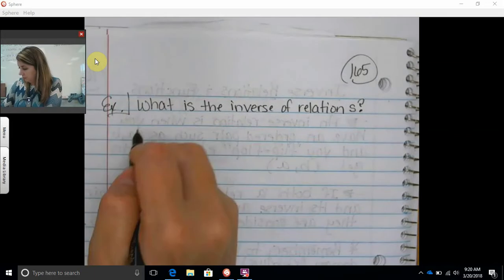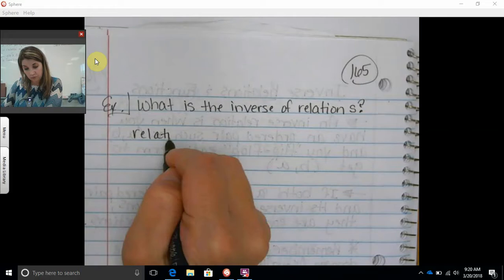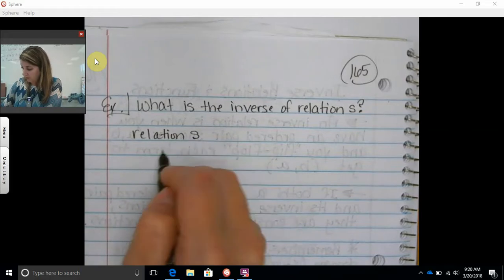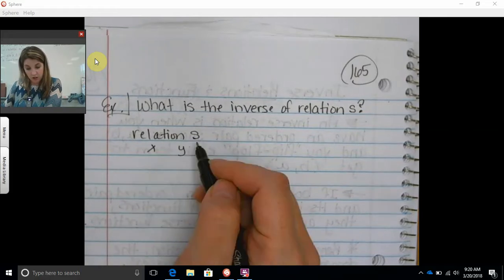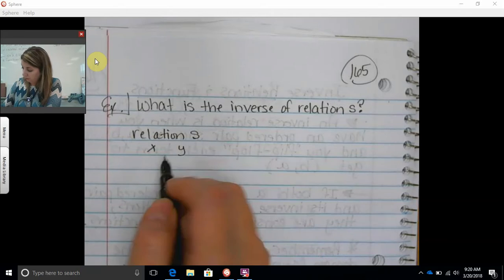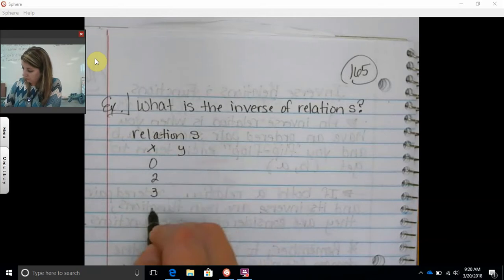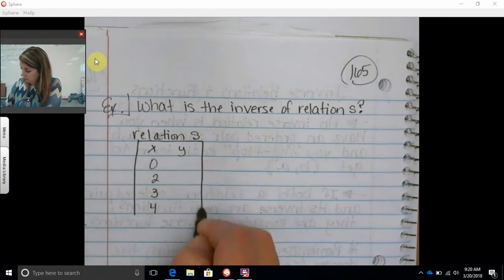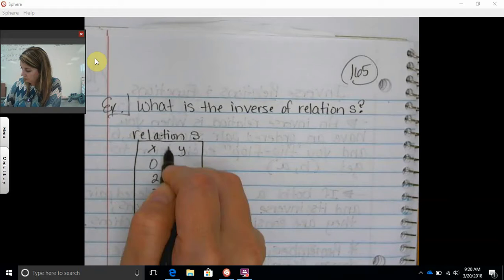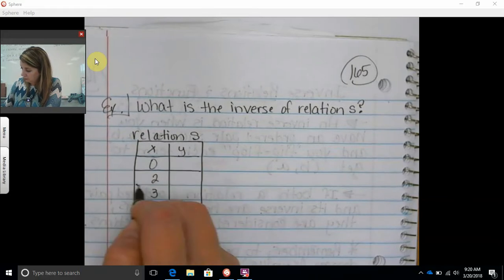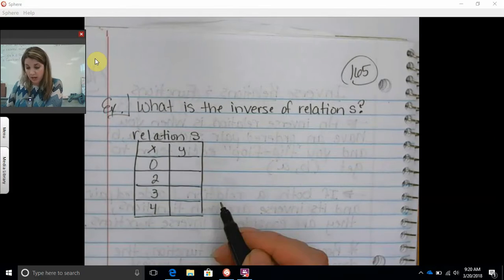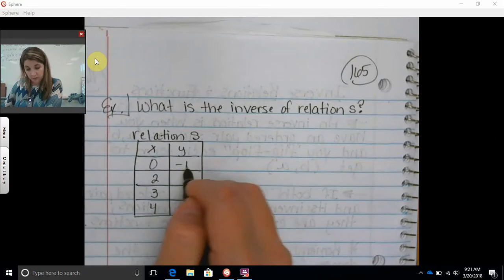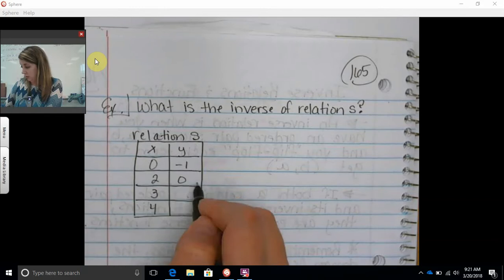Relation S, little table of values. My x's are 0, 2, 3, and 4. And my y's are -1, 0, 2, and 3.